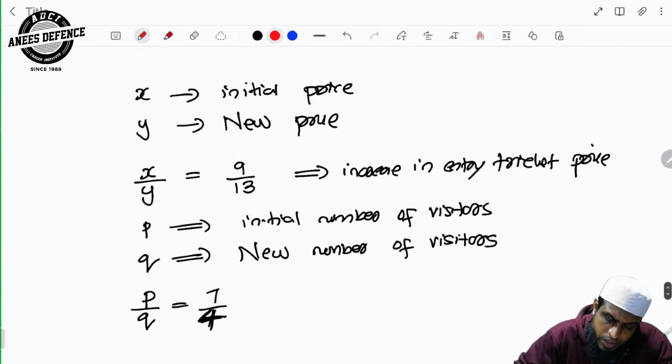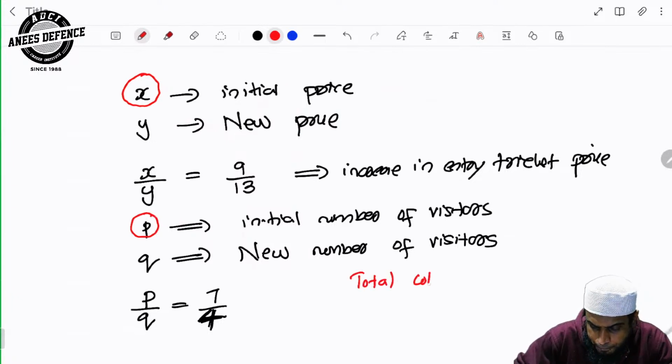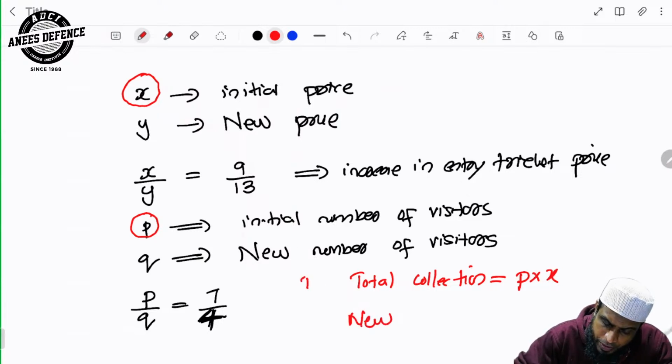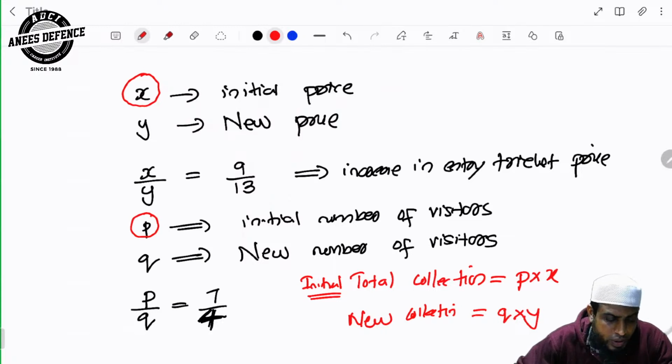Initially, the value of the ticket is X. The number of participants is P. So total collection is P into X. New collection, this is initial total collection and new collection, Q into Y. So what is the ratio of total collection?